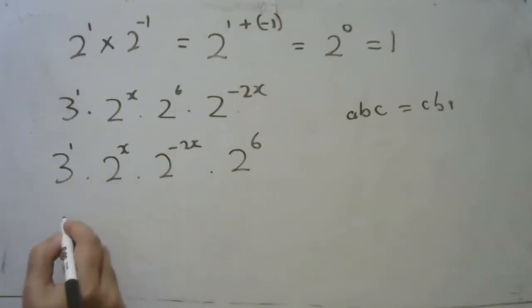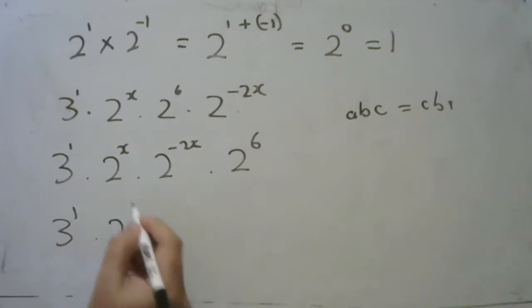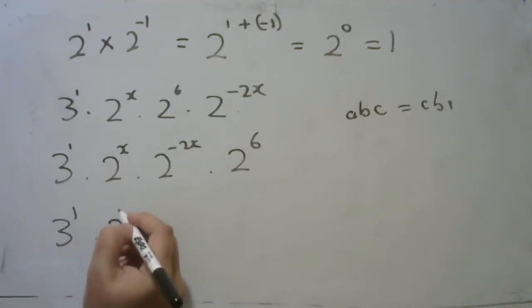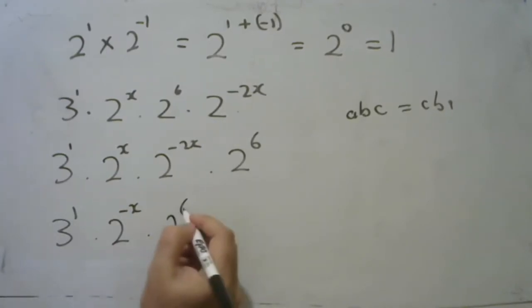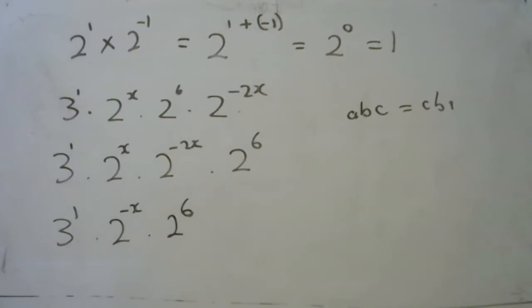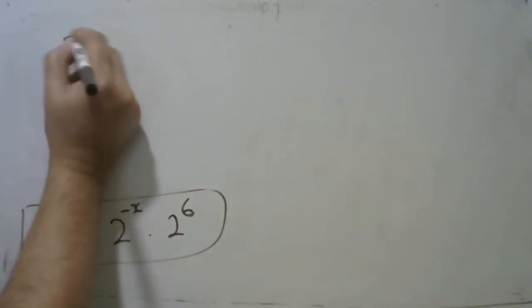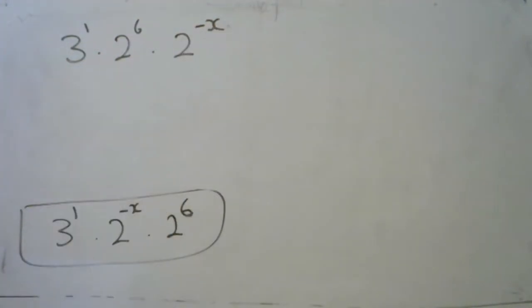Now, this becomes 3 to the 1 dot 2 to the, this is like 1x plus minus 2x. So it becomes minus x dot 2 to the 6. So we're left with this here now. So 3 to the 1 dot 2 to the 6 dot 2 to the minus x.